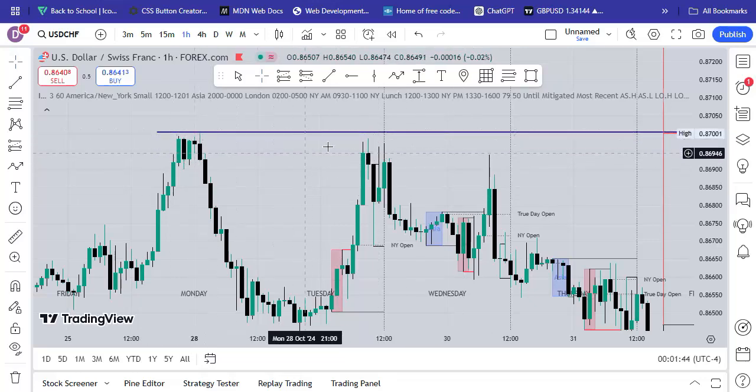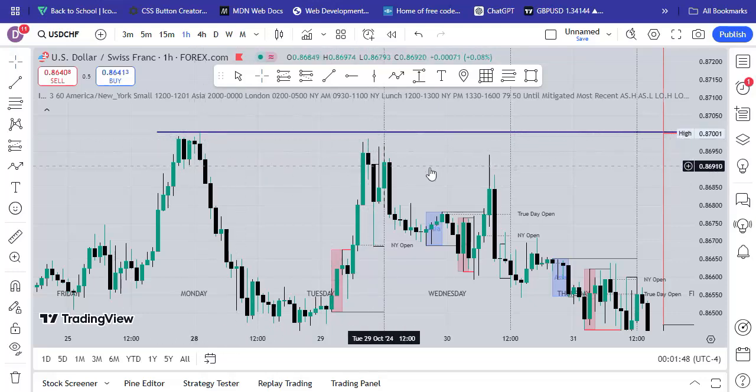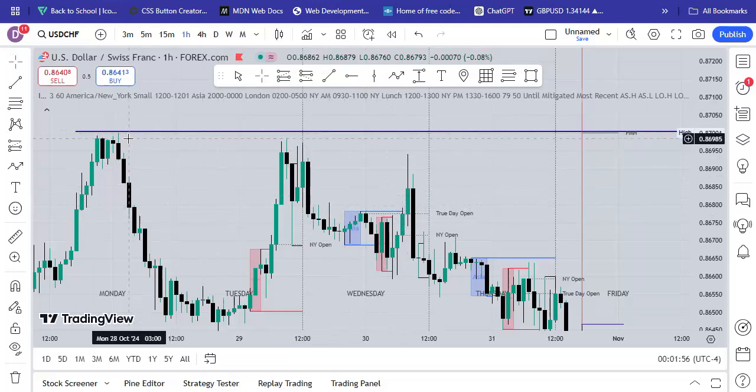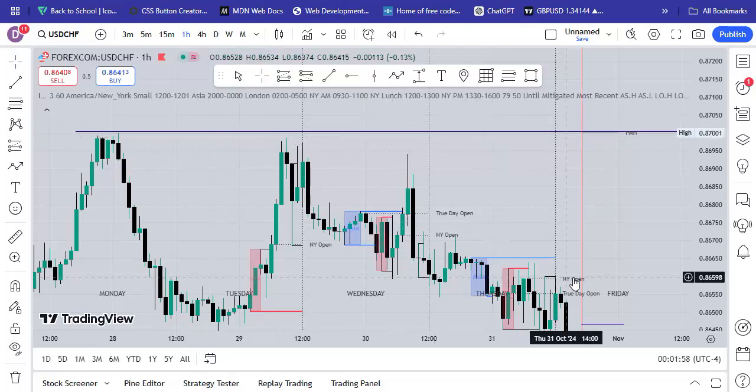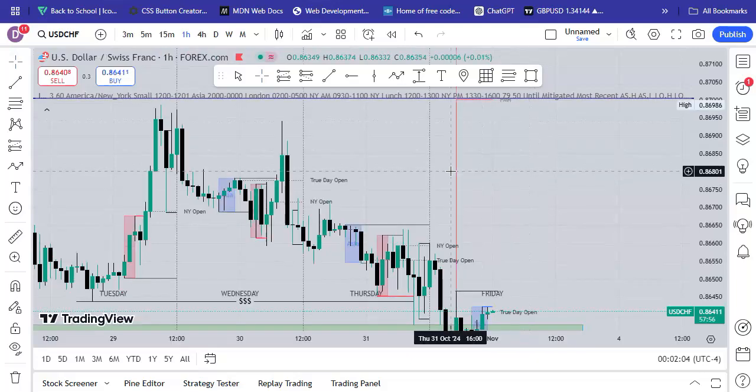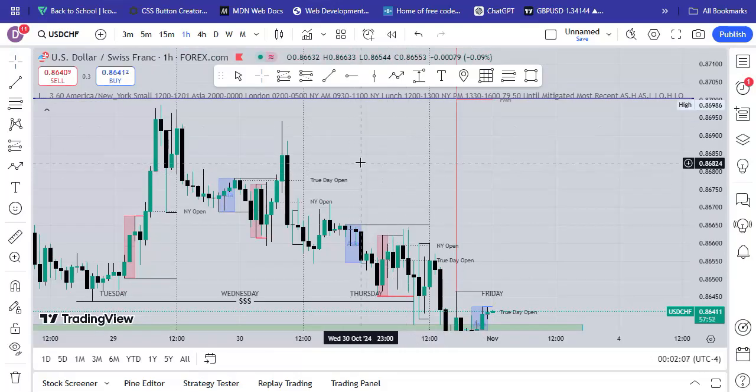Look at this high: it is lower than this high, and this high is also lower than this high. It's saying something, and what is it saying? It's saying that these are equal highs. So I want to see price quickly come and take out this high. It looks too clean to me, and I hope we're able to take it out.